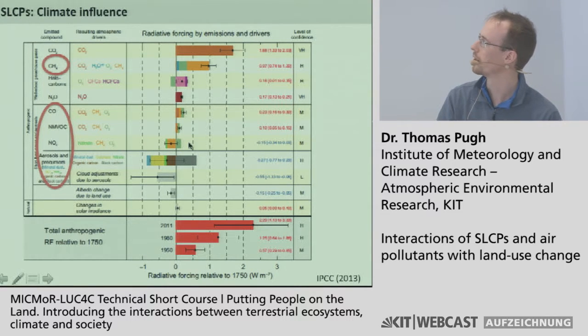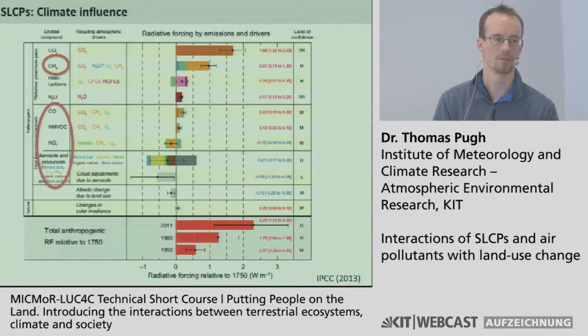I'll come back to that later. But if you add all of these little bits up, you get a total radiative forcing that's pretty similar to that from CO2 up to the present day relative to 1750. So it seems that these things have quite a large forcing on climate, and the initial idea is, right, if we can reduce these, this will really help us out in averting serious climate change.